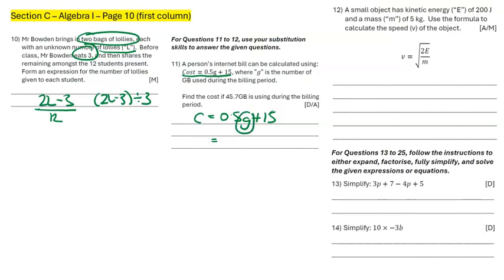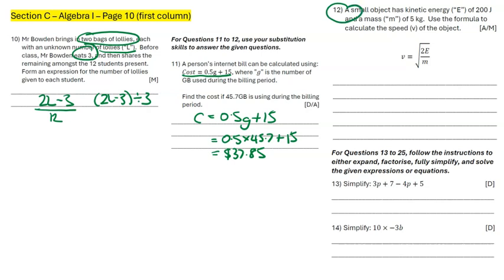The crux of this is I'm going to substitute out the G. The G is going, and the 45.7 needs to go in its place. So that becomes 0.5 times 45.7, and then after that I add 15. I'm putting that into my calculator. There's no tricks for that, but when I do that, I'm getting $37.85.